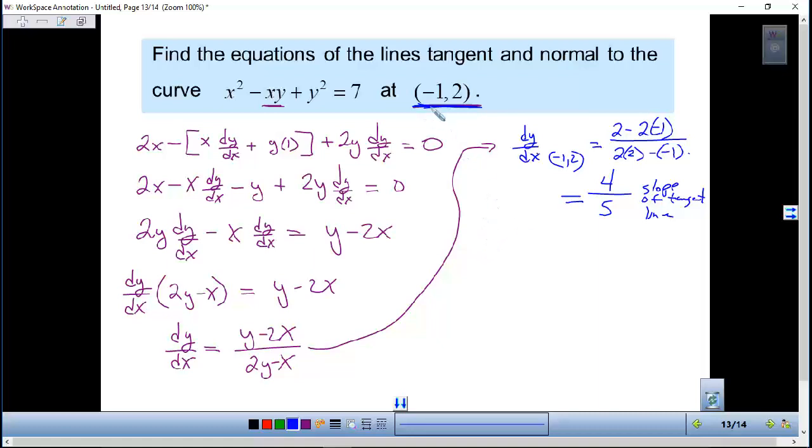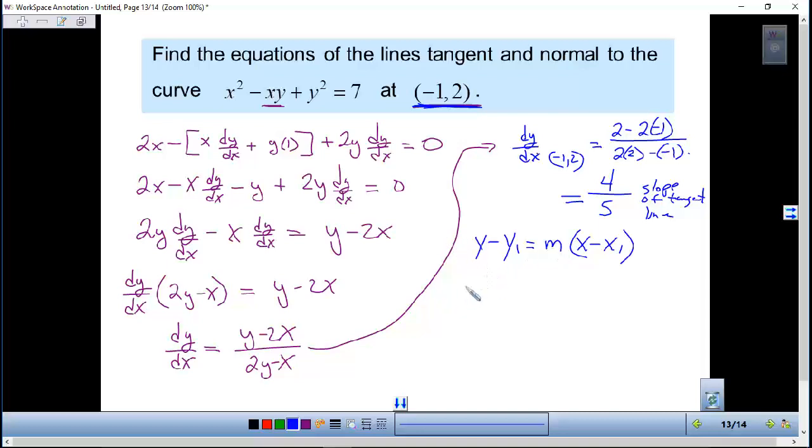So to write the equation of the tangent line, I'm going to put this in point slope form. If you don't remember, that's y minus y1 equals m times x minus x1, where the x1 and the y1 are the point that it's passing through, and m, of course, is the slope.